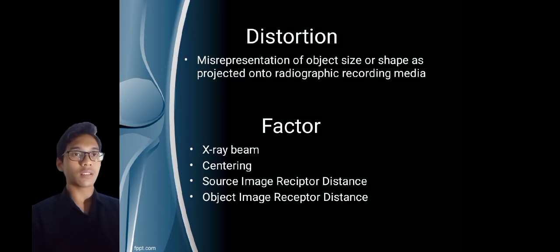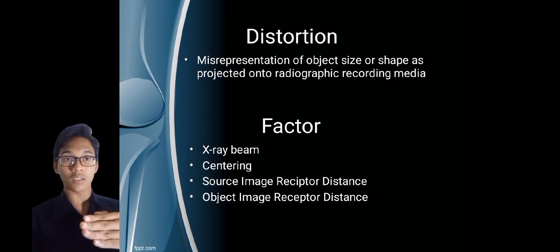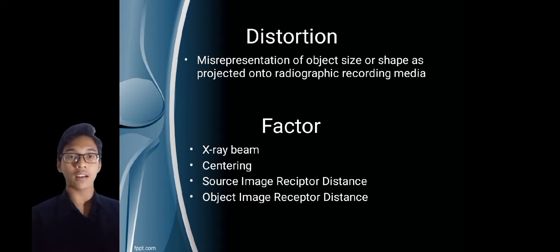So the next one is source image receptor distance. The source image receptor distance, or SID, is the distance between the tube and the image receptor that affects magnification. The greater the SID, the less magnification the image will suffer.